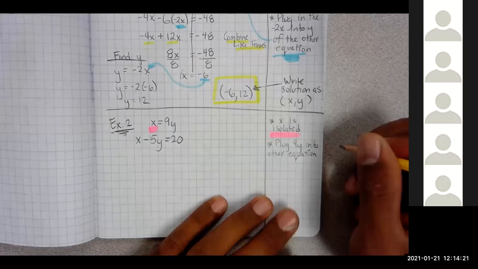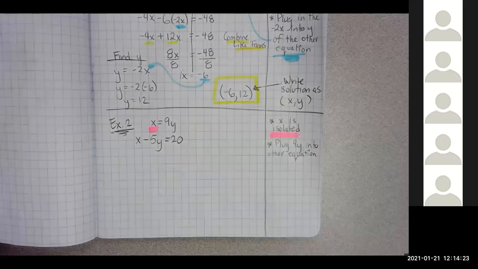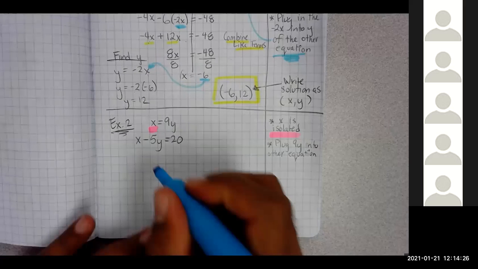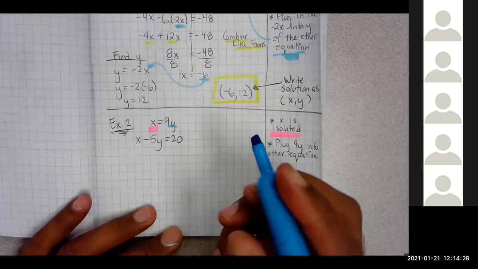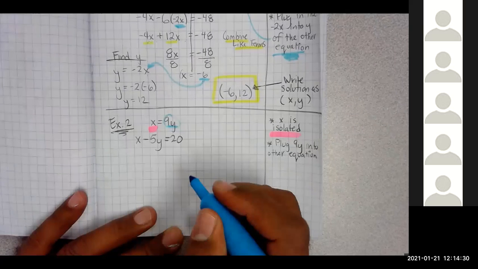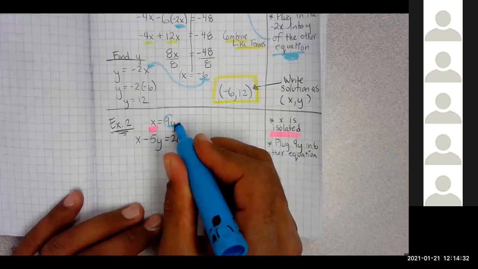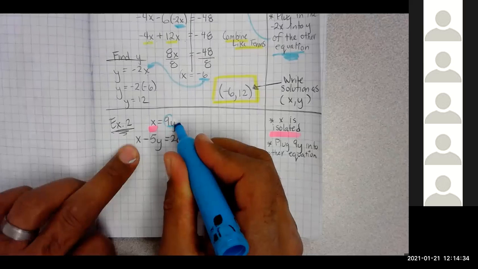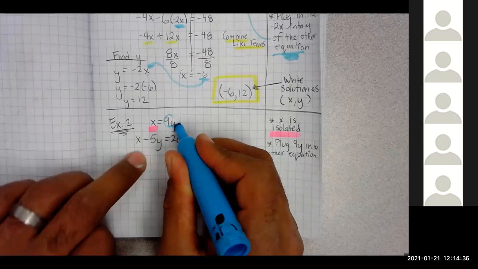I know I should say into the other, but again, just trying to keep it short. So now that means I plug in this part of the equation into the x, because the isolated variable is x, so that's where I'm going to plug it in.